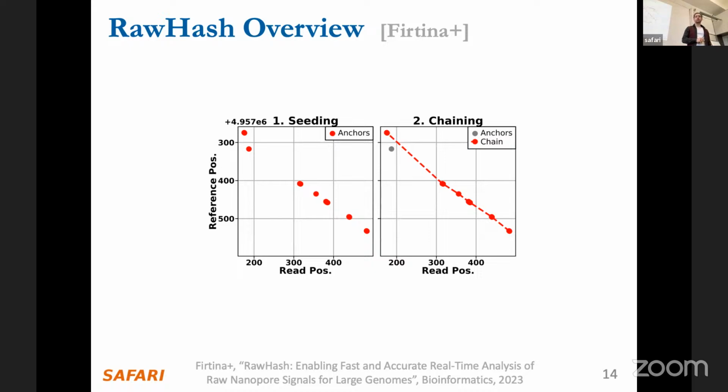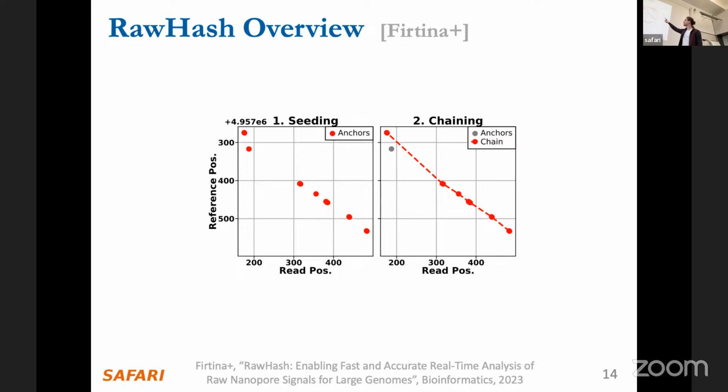Let's say a good match between a read and the reference would probably be somehow along a diagonal, or whatever you want to call it. The point is, when you progress one nucleotide in the reference, you probably also progress one nucleotide in the read. So you advance on both axes, that's why you end up on a diagonal.